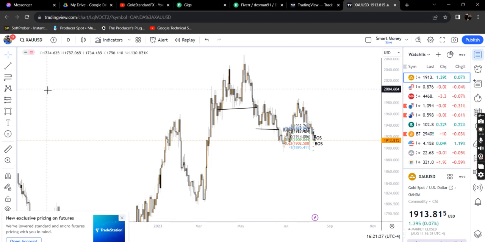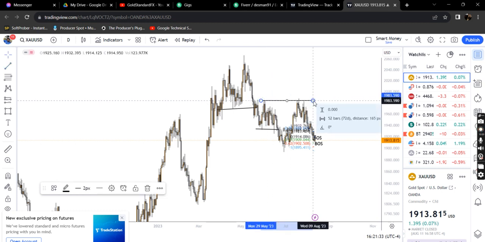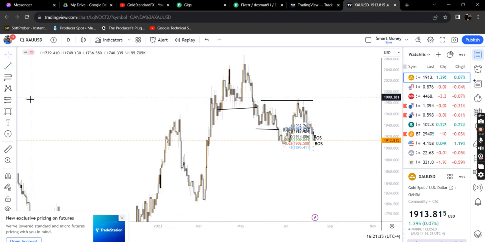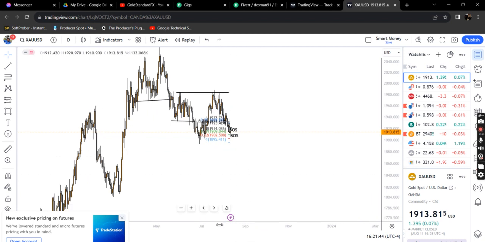Price went up, drew some liquidity, a nice little liquidity draw around here. So we could possibly, like I said, be continuing on down to deeper territory. And that's pretty much gold.